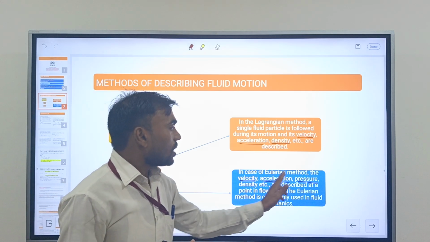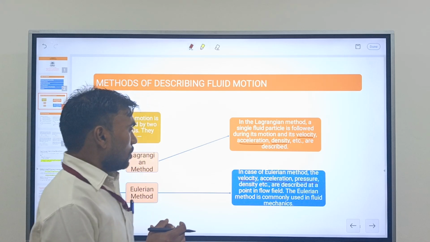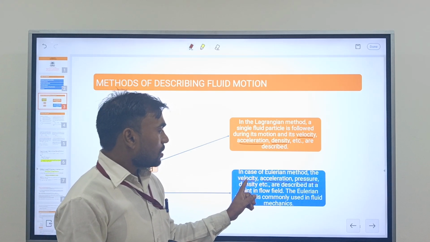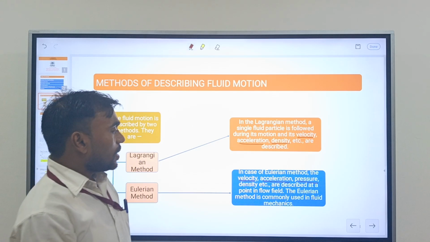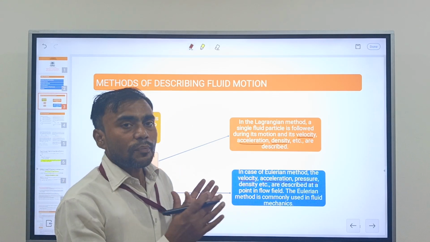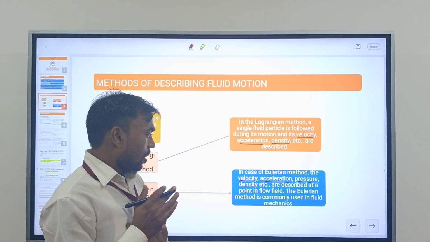Whereas in the Eulerian method, the parameters, that is velocity, acceleration, pressure, density, etc., are described at a single point in the flow field.